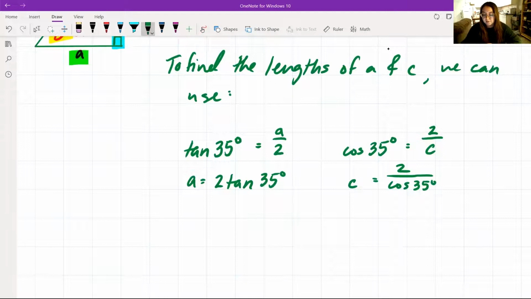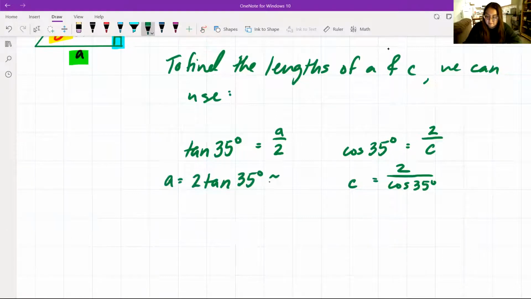So for A is equal to 2 tangent of 35 degrees, we want to plug this into a calculator and round to 2 decimal places. And when we do that, we end up with the value of about 1.40.